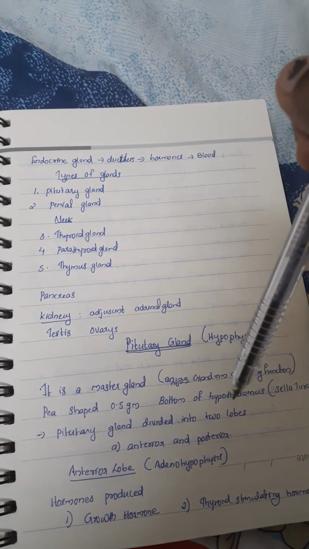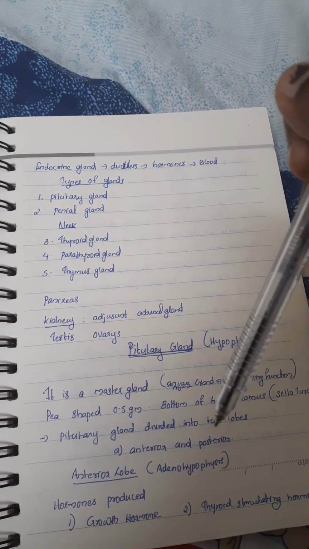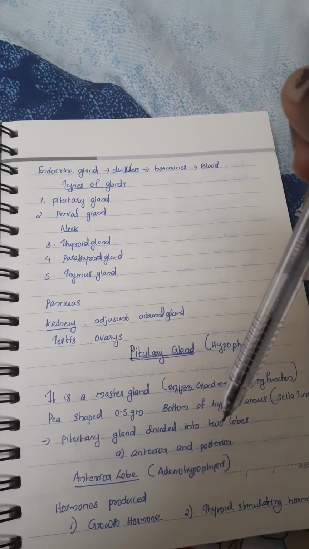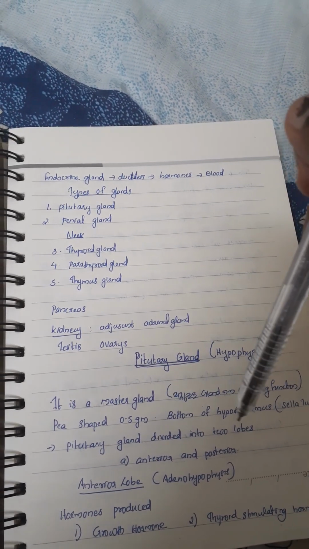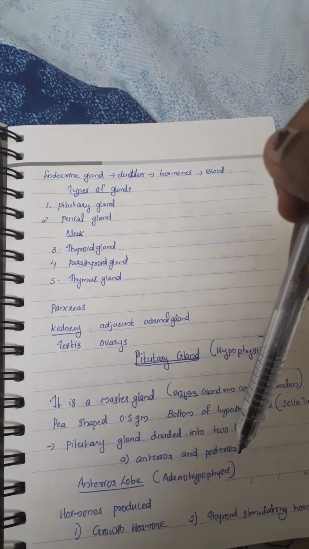The pituitary gland is divided into two lobes. In some books it is divided into three, but here we will discuss it as two lobes: anterior and posterior.